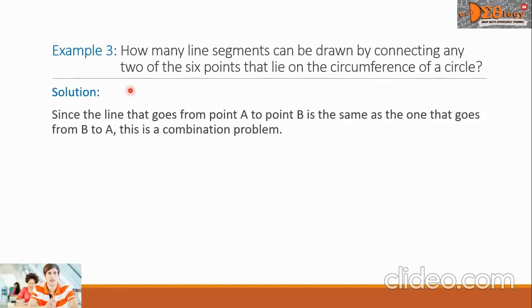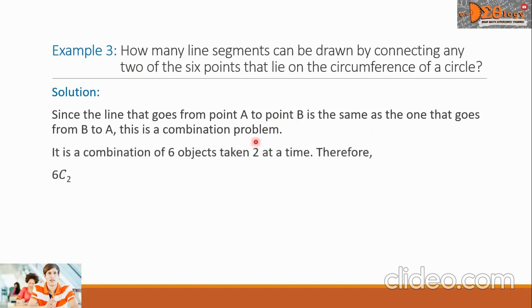For our solution, since the line that goes from point A to point B is the same as the one that goes from B to A, this is a combination problem. It is a combination of 6 objects taken 2 at a time. Therefore, we can write 6C sub 2.